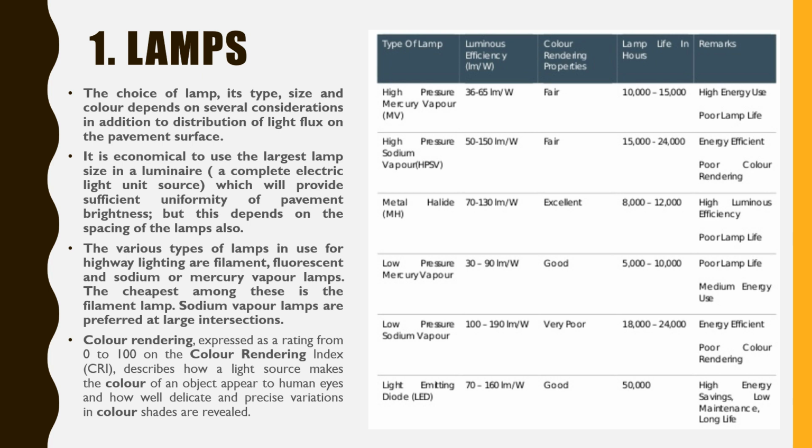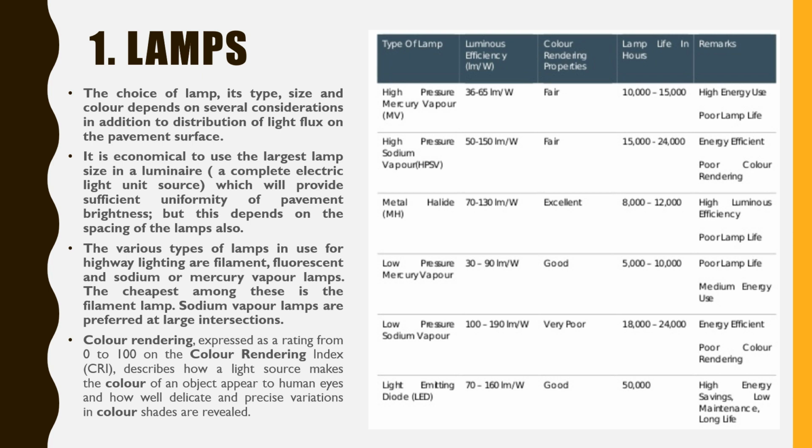A luminaire is a light source or a complete electric light unit, which will provide sufficient uniformity of pavement brightness, but this depends on spacing of lamps also. Various types of lamps in use for highway lighting are filament, fluorescent, sodium and mercury vapor lamps. The cheapest among these is, of course, the filament lamp, and the sodium vapor lamps are preferred at large intersections.